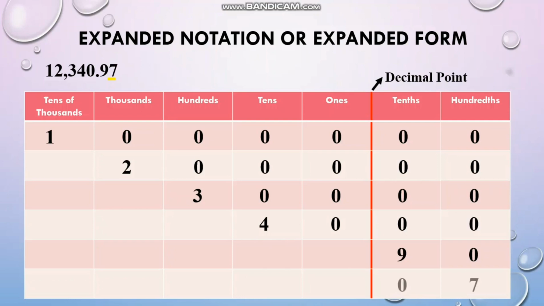So we put 0 in the tenths place and 7 in the hundredths place. So to expand the number, we write 10,000 plus 2,000 plus 300 plus 40 plus 0.9 plus 0.07.